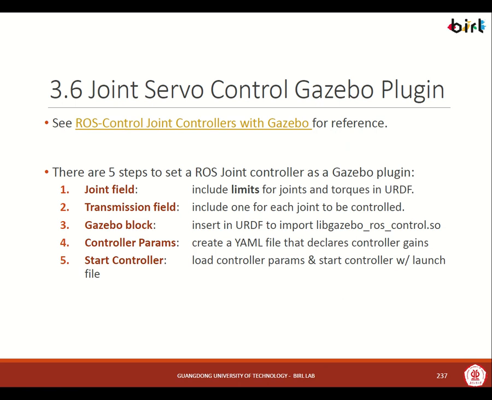Then you need a transmission block for each joint. For example, if you have 6 joints, you'll have 6 transmission blocks. The transmission is something about how motion from the actuator translates into the link.